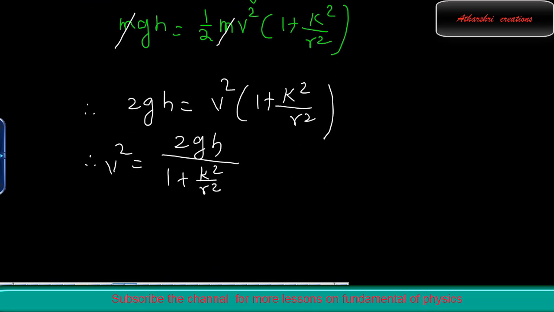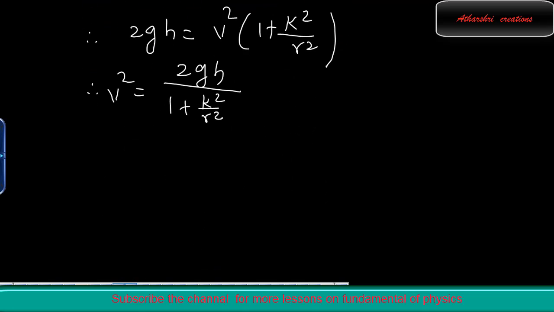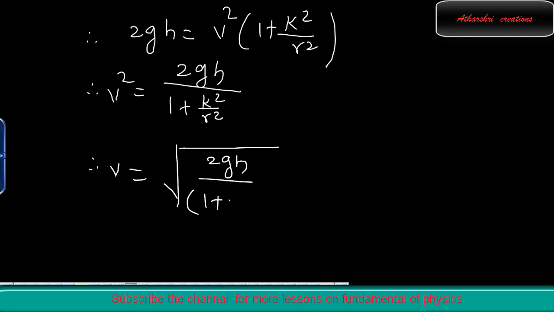Taking the square root of both sides, we get the final equation for v, which is equal to under root 2gh divided by 1 plus k square upon r square. This is our required equation for linear velocity v.